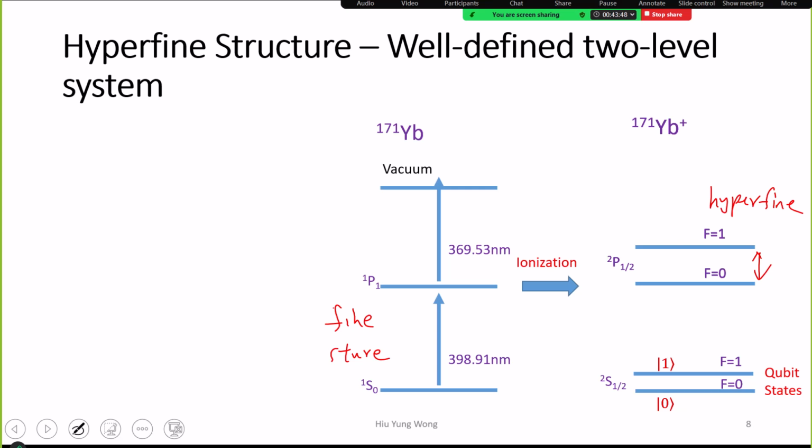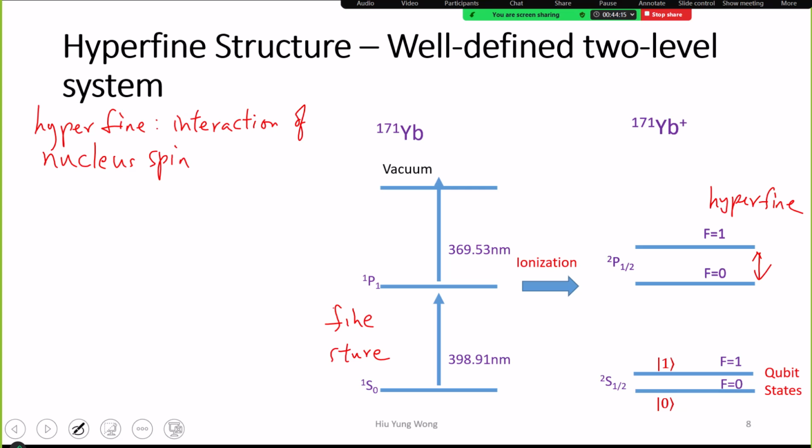So what are they? Hyperfine structure is very important. It is the interaction of the nuclear spin, let's say the proton, the nucleus as a whole, right?